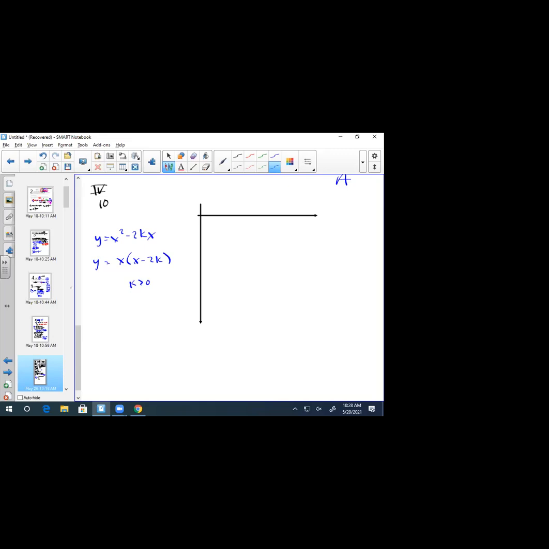So I know that this guy is hitting here at 0 and here, which is what I'm calling 2k, right? And I have this parabola that's like that. And this, my friends, is that region.